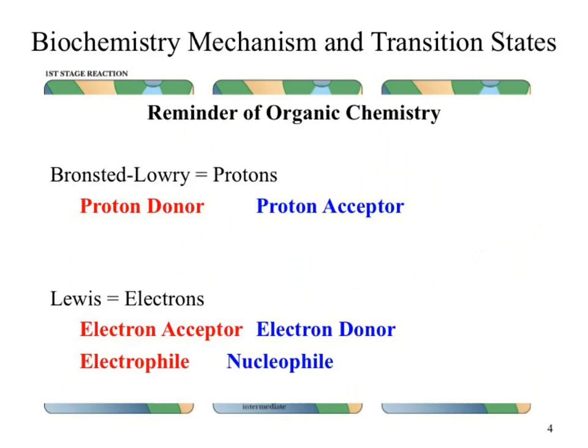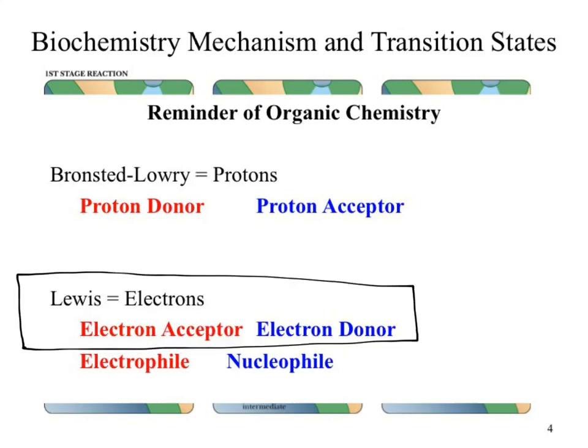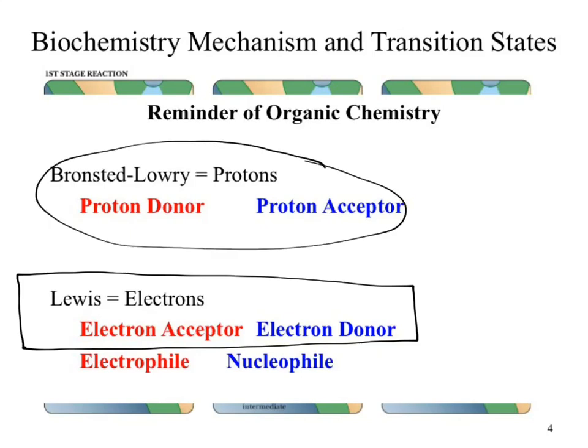Okay. One thing I do want to tweak on this reminder, as I continue to teach organic chemistry, I keep refining this definition. Really what we've got is everything can be classified according to our Lewis definition. Everything is a Lewis acid or base, period. Okay. After that, we can decide where those electrons are going. If those electrons are going to a hydrogen, we can look at it as a Bronsted-Lowry acid base as well as a Lewis acid base.